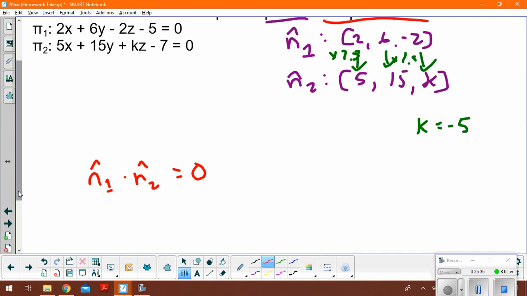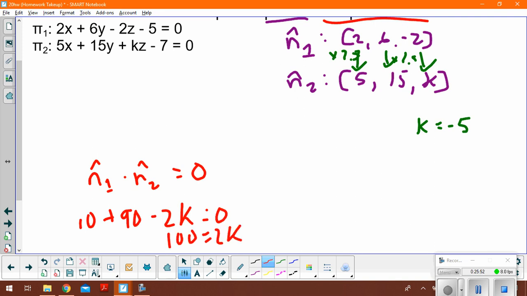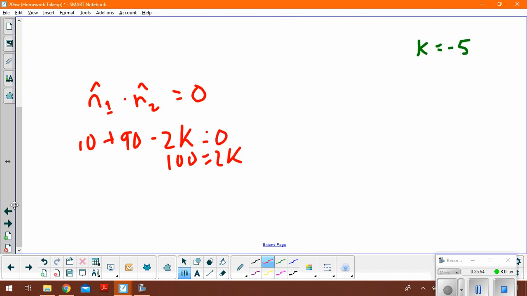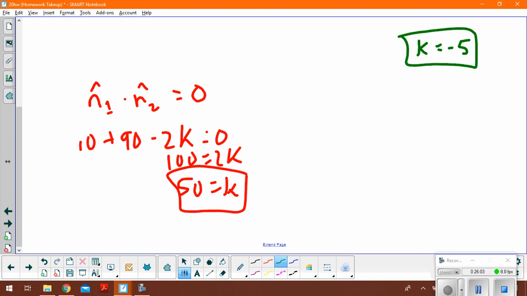So for n1 dotted with n2, I have 2 times 5, so that's going to be 10. 6 times 15, 90, minus 2k is equal to 0. So 100 equals 2k, and k should equal 50. So if they're parallel, k is -5, and if they're perpendicular, k is equal to 50.